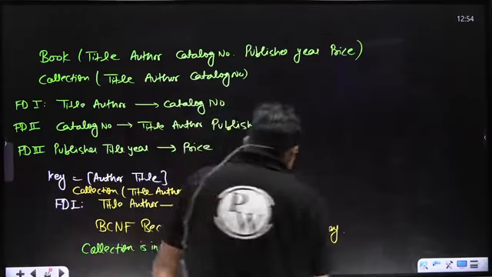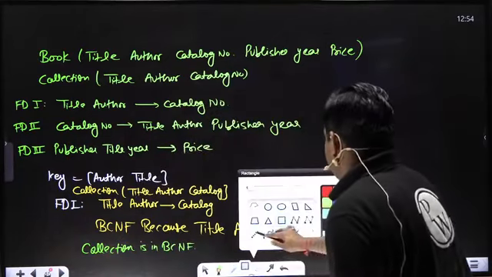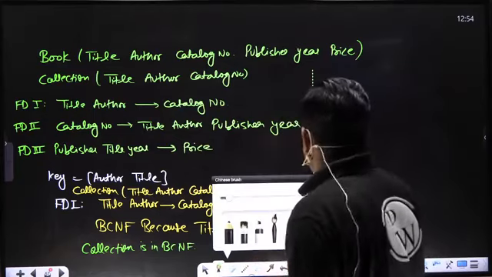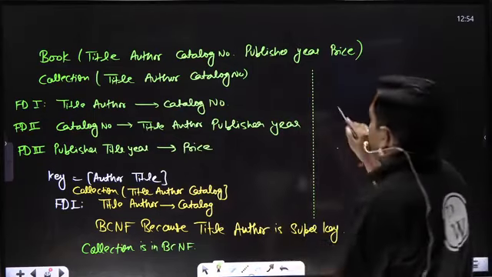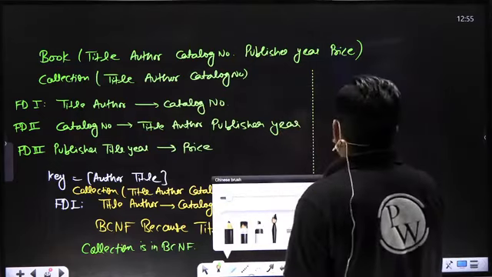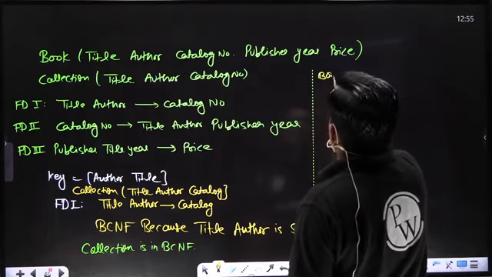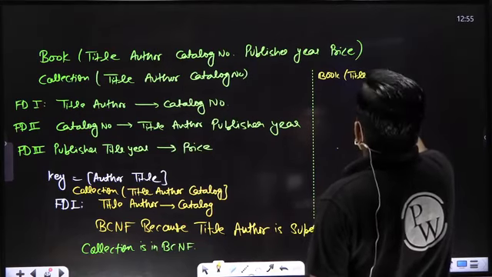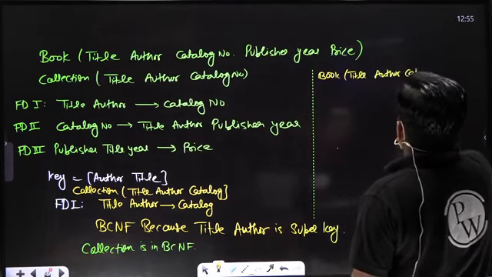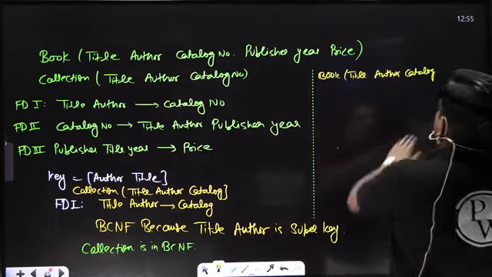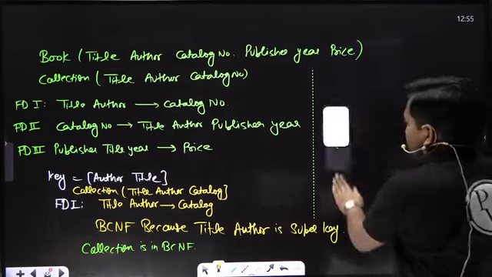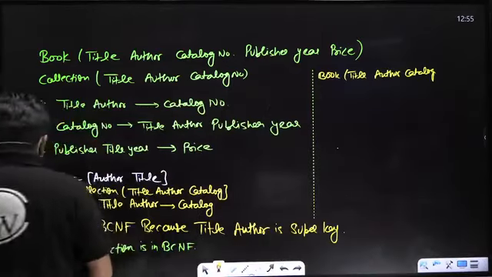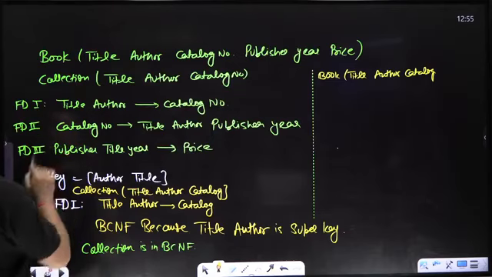Now we can check, my dear student, the second, book. In a book schema, we have title, author, catalog number. Yeah, we can write on the next page, don't worry. In a book schema, what we have?